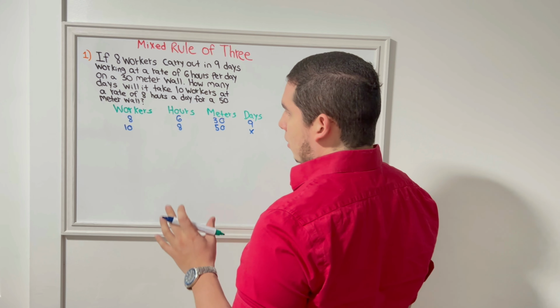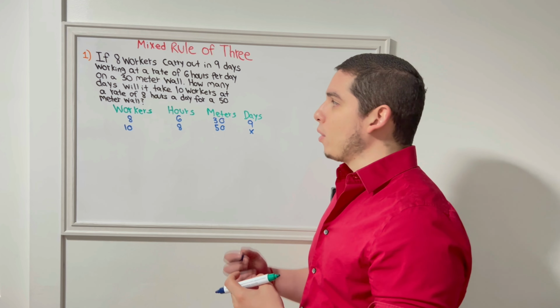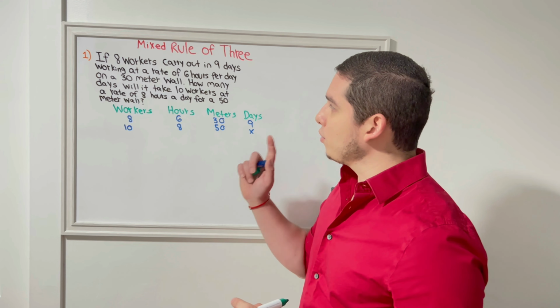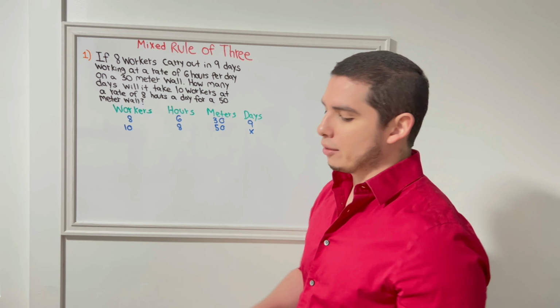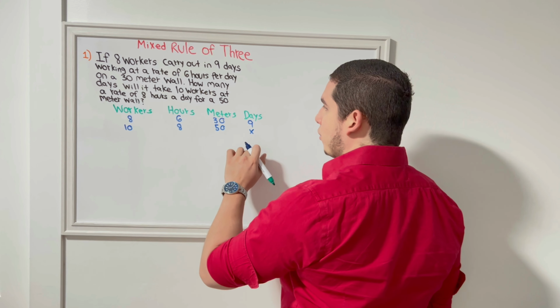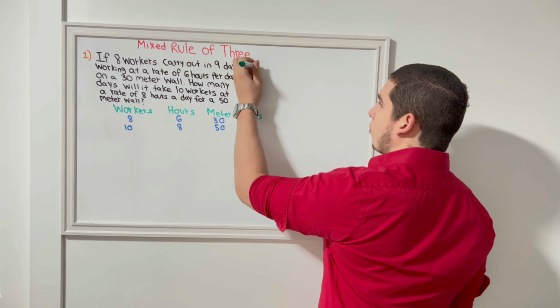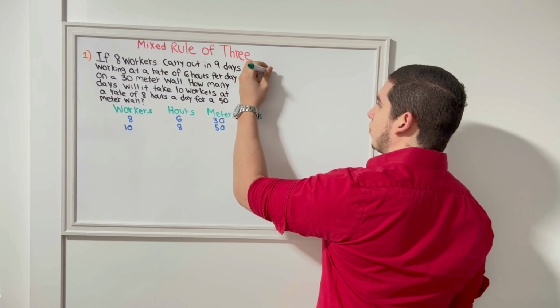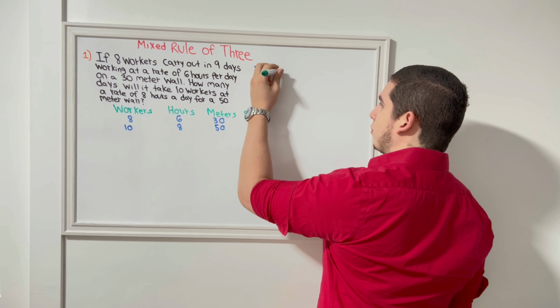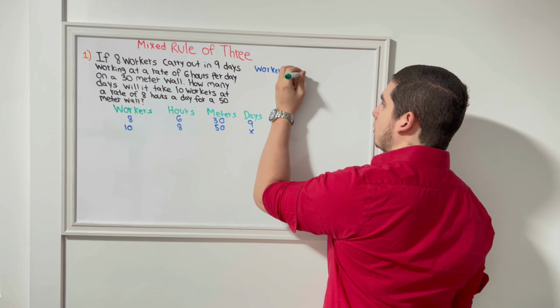Now, this is the reason why I told you that we needed to first watch the previous videos, because we're going to do like a chart. We're going to compare every variable with the one we want to know, which is days. For example, let's write here, workers and days.